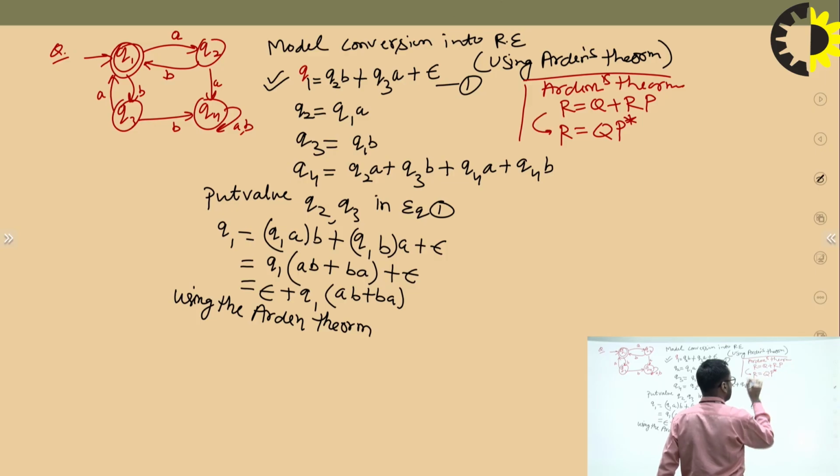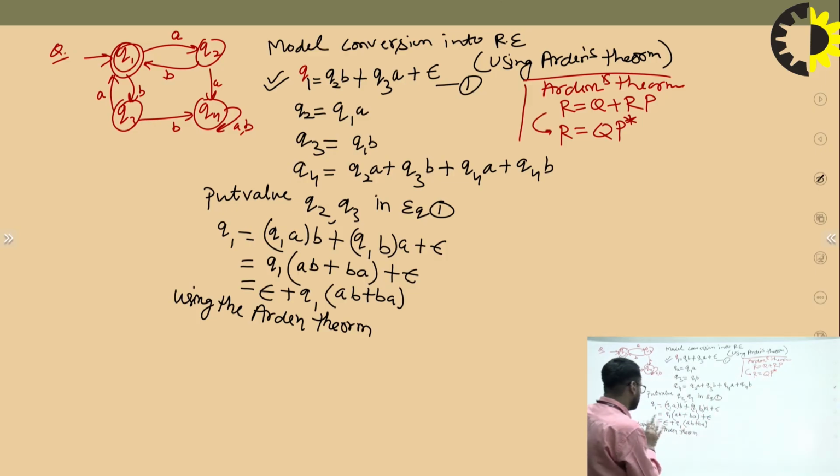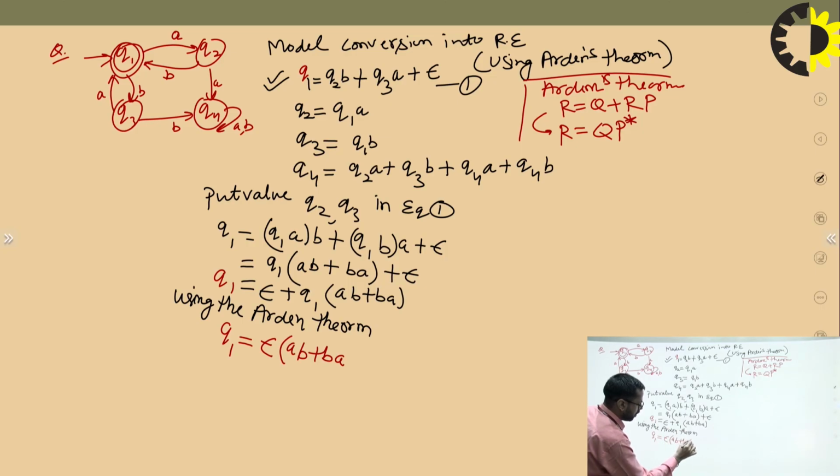That is the basic Arden's theorem. So using Arden's theorem, the Q1 resultant value will be epsilon AB plus BA star. Here epsilon does not affect this structure, so the resultant value will be AB plus BA star.